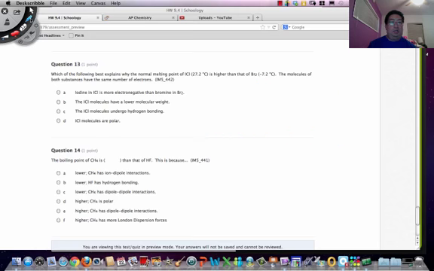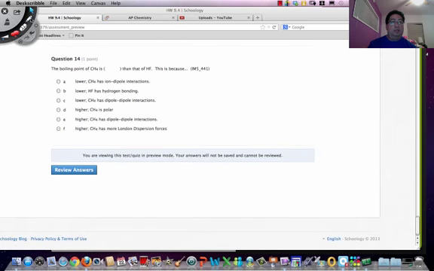And then for 14, the last one. The boiling point is blank versus blank. So you have to look at CH4 and HF, and the first thing you have to do is, again, polarity. So yes or no for each one of these, and then the intermolecular force that holds them together.